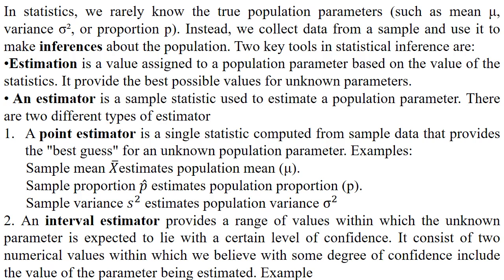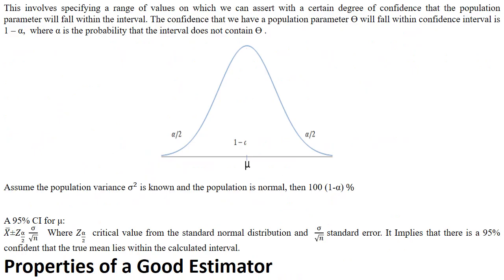It consists of two numerical values within which we believe, with some degree of confidence, the value of the parameter being estimated lies. The confidence that the population parameter theta will fall within the confidence interval is 1 minus alpha, where alpha is the probability that the interval does not contain theta.